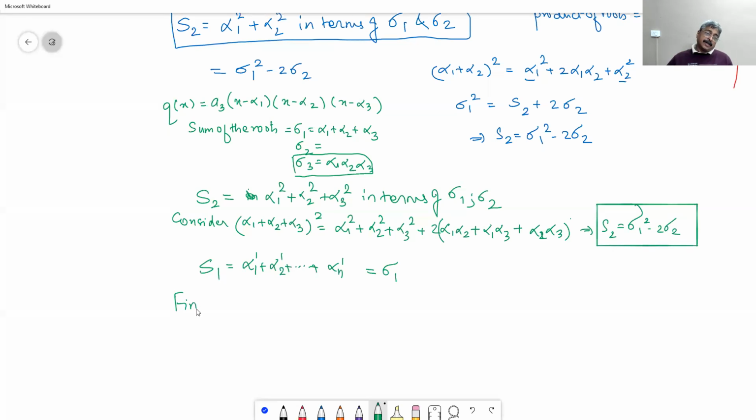Find S3 for cubic, that is alpha 1, alpha 2, alpha 3.